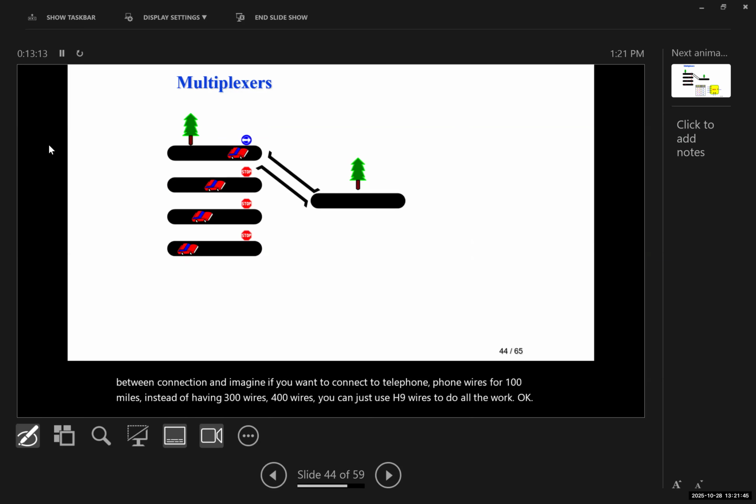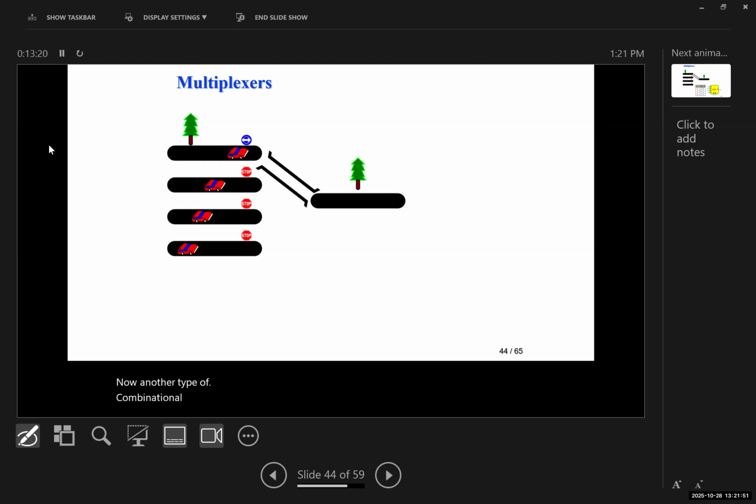Now, another type of combinational logic circuit that we have is called a multiplexer. So a multiplexer is like a gatekeeper, I could say. Imagine we have a 4-lane highway, and suddenly all those 4 lanes are merging into one, okay?